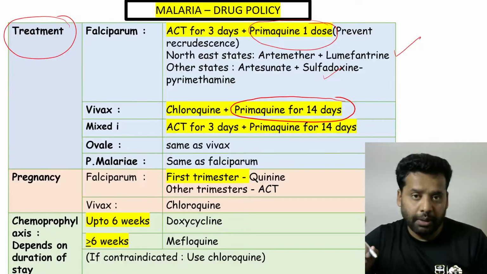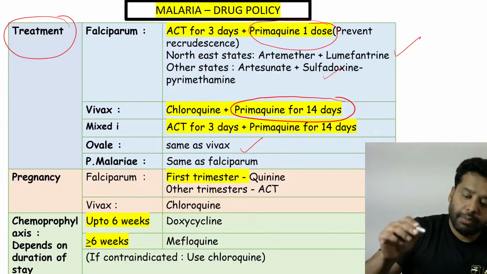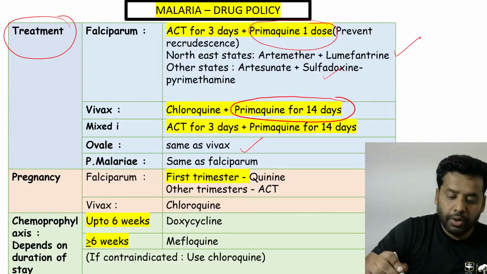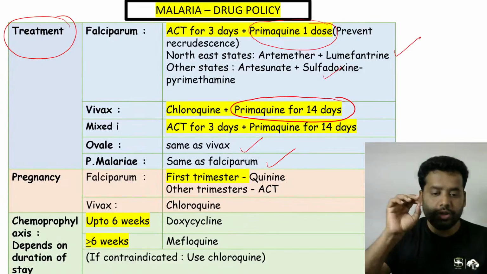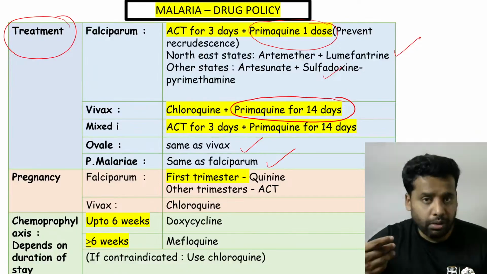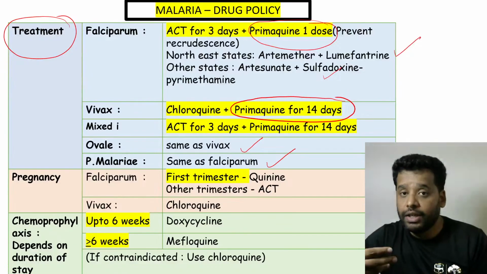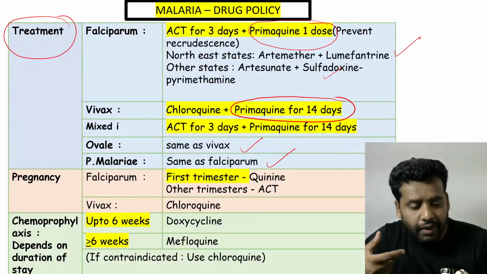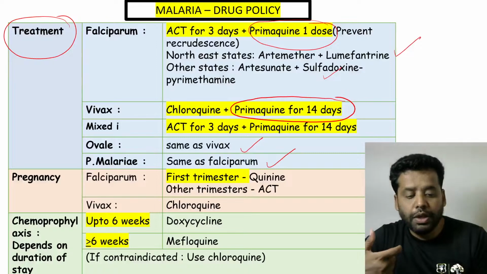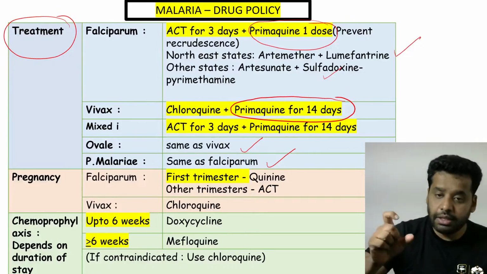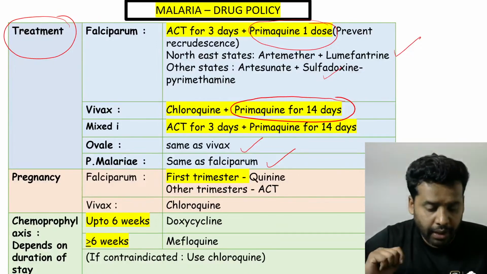Ovale treatment is the same as Vivax. Plasmodium malariae treatment is the same as Falciparum, because ovale will show relapse also, and Plasmodium malariae will show recrudescence also. That is why we manage ovale cases as Vivax and Plasmodium malariae cases as Falciparum. Like that we give the same treatment.